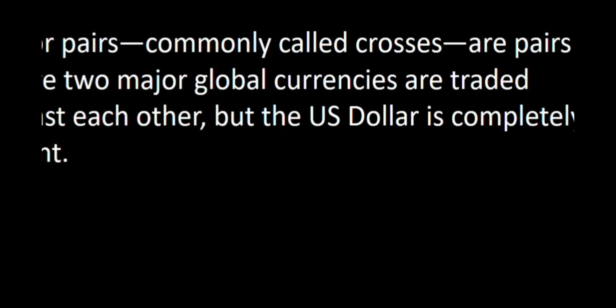Minor pairs, commonly called cross pairs, are pairs where two major global currencies are traded against each other, but the US dollar is completely absent.